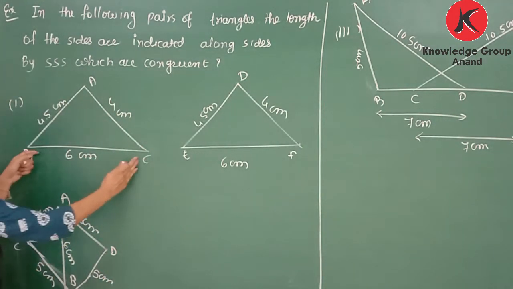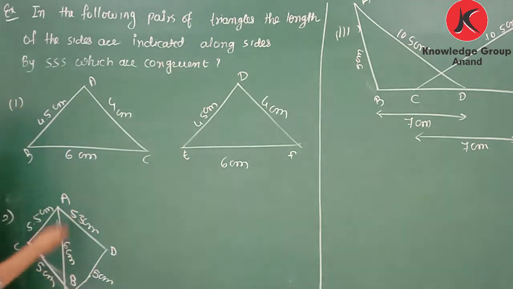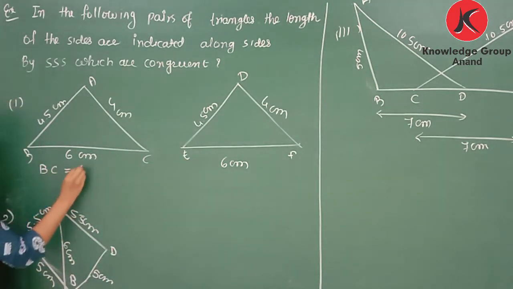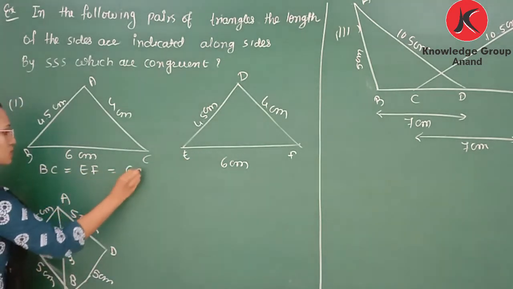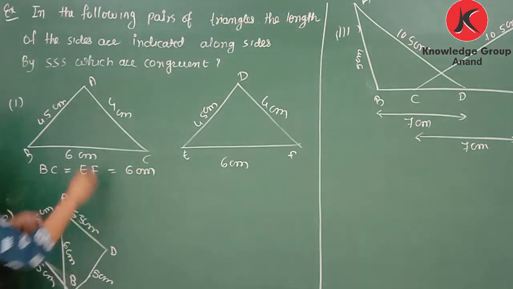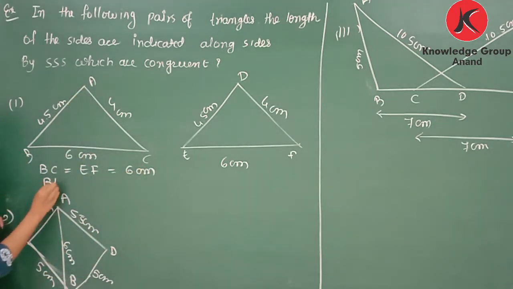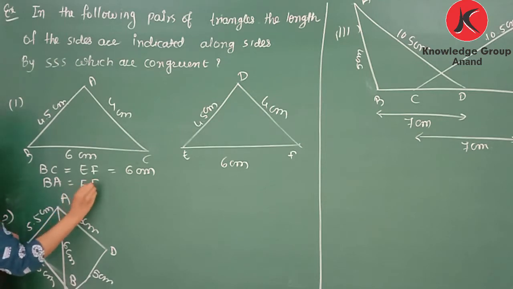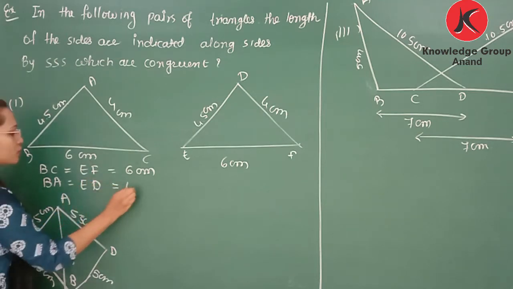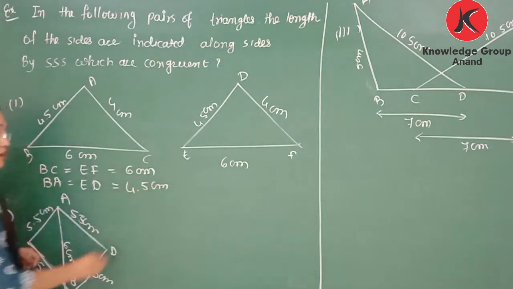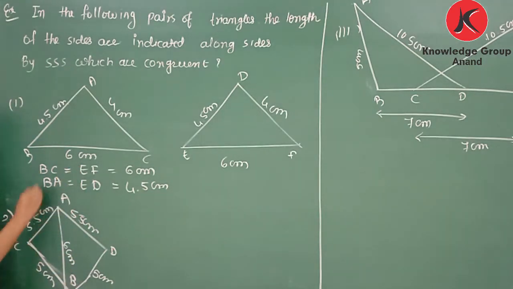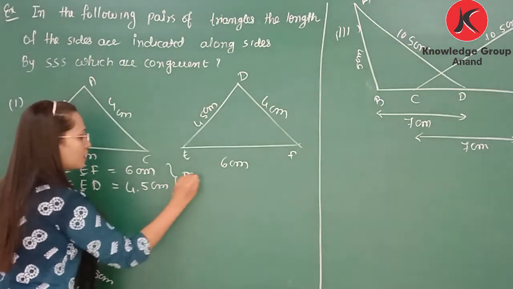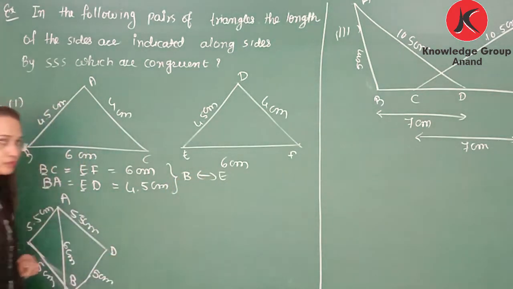Here you can see BC is equal to EF, so we can write BC = EF = 6 cm, and BA = ED = 4.5 cm. Now from these two pairs, you can see here is B and here it is E, so we can write B corresponds to E.